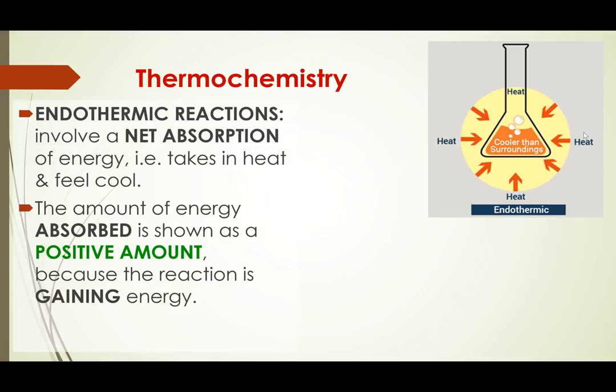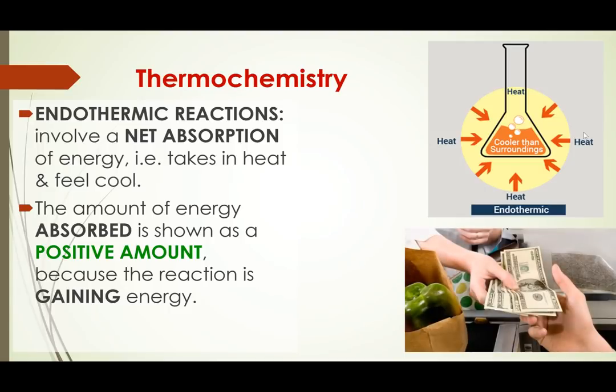Likewise, with this money exchange, if I'm the person on the bottom of this picture and I'm receiving money as this process takes place, money's coming toward me, being absorbed into my account as opposed to being released by the person on the top, then from where I'm standing, it's a gain, an input of energy. It's an increase in my bank balance.